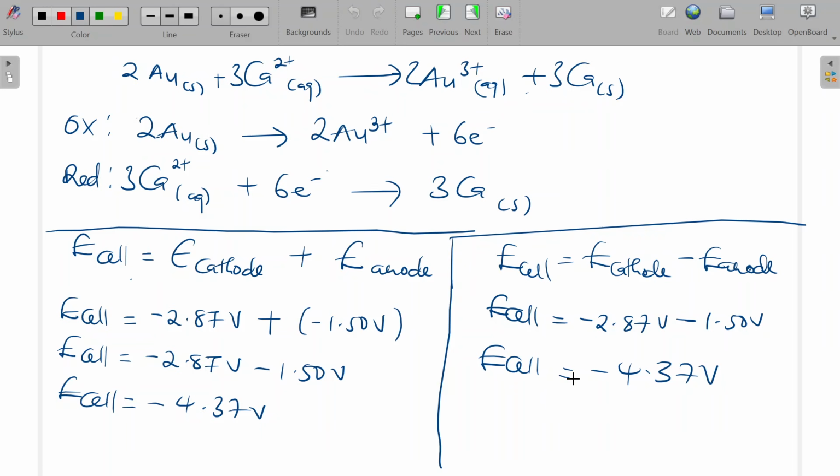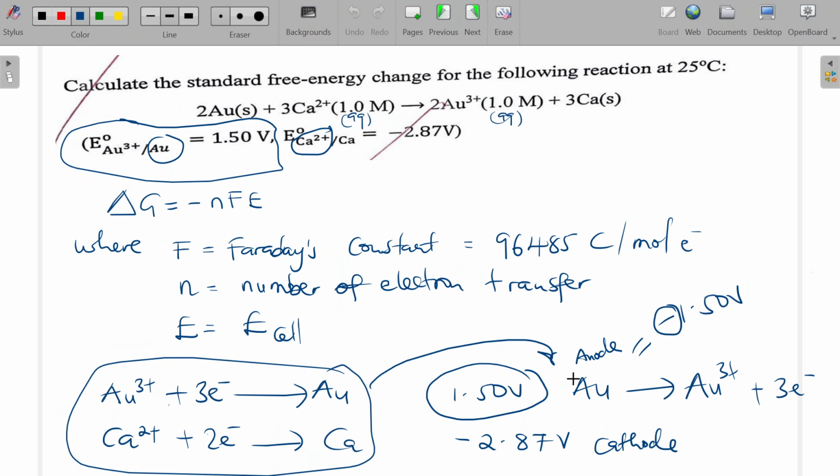Yes, sir. So we've only done this for this question because you can check. The question says to calculate the standard free energy change for the following reaction, so this one is being converted to this one. That's why we've done this. Otherwise, under standard protocols, we're supposed to change the one which is less, which is negative 2.87. But this question is already telling us that it is under non-spontaneous reactions.